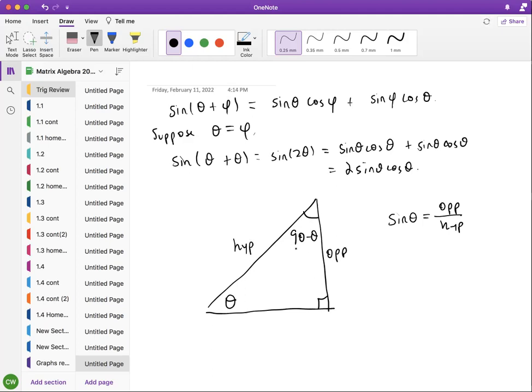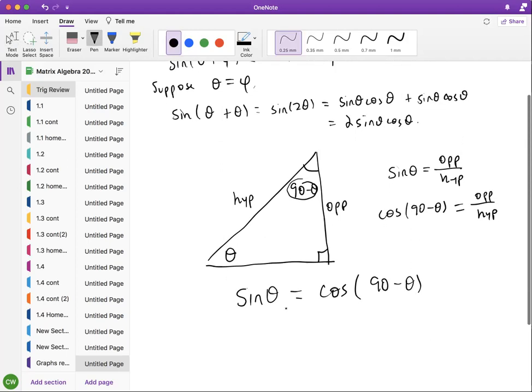But notice that cosine of 90 minus theta is the adjacent over the hypotenuse, adjacent to this angle, so it's also the same as sine of theta. So sine of theta is actually cosine of 90 minus theta.